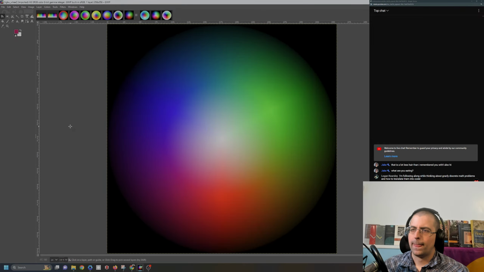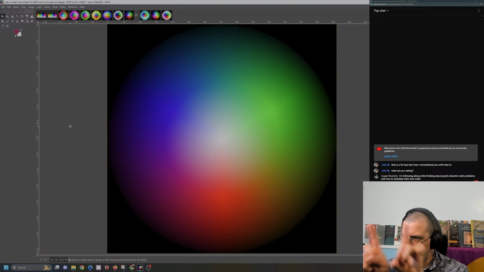Because of the extra dimensions involved, you cannot represent tetrachromat color on a wheel like you can with trichromat color. It's the surface of a sphere.